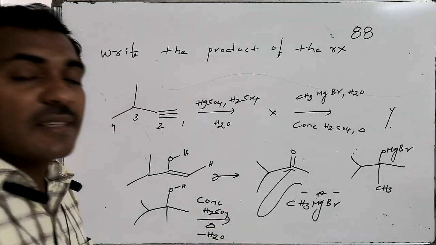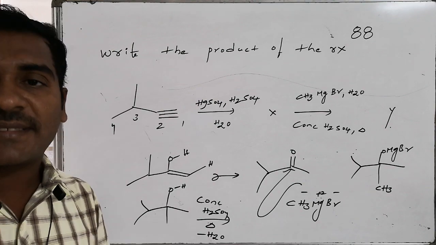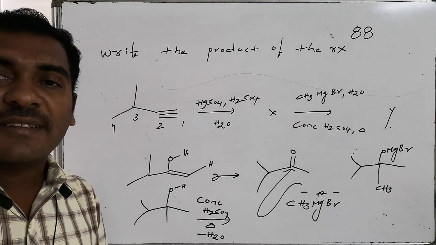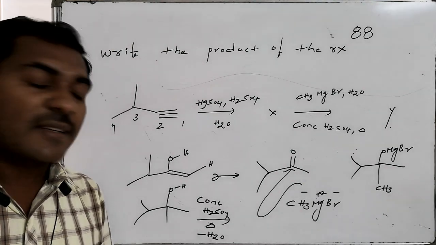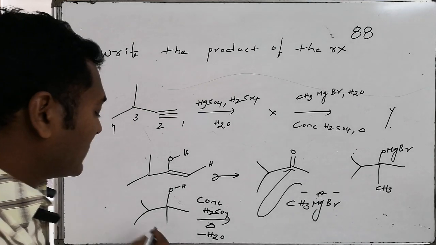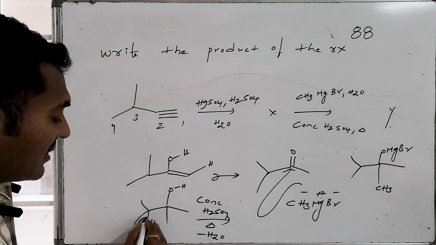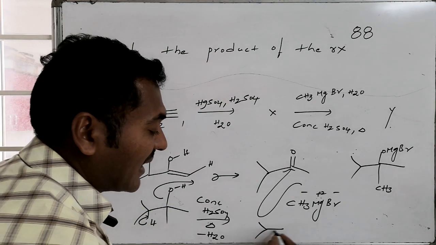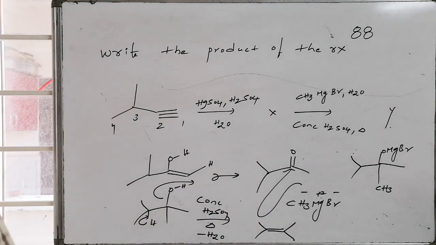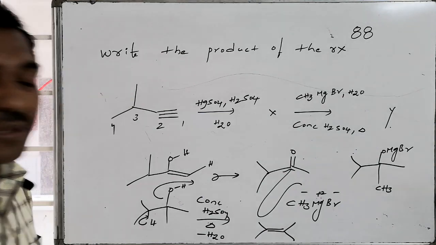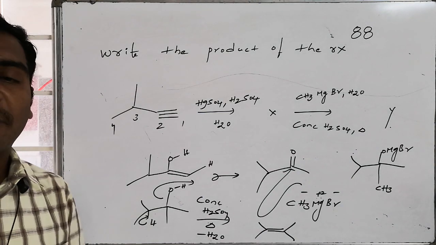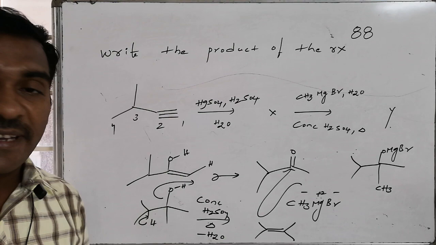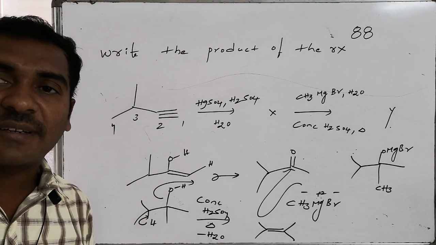Thus it happens in such a way that it results in the more substituted alkene, that is, the Saytzeff product is expected as a result of this elimination. From here one of the hydrogens, and from here OH minus, both together are eliminated. As a result of elimination, 2,3-dimethylbutadiene formation takes place.